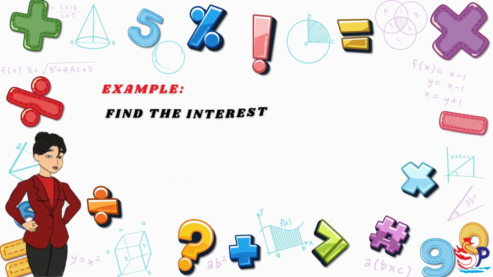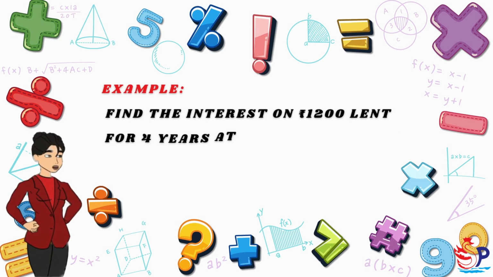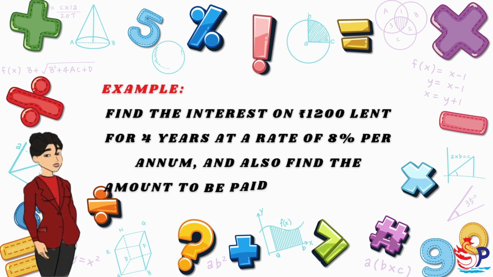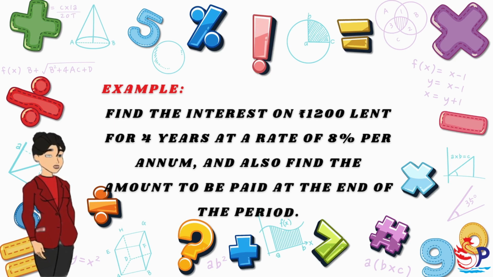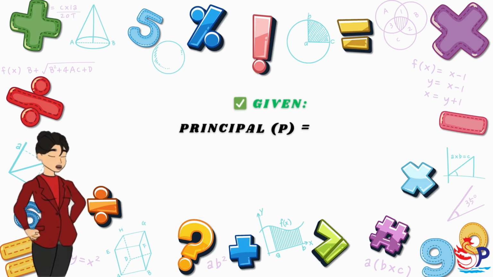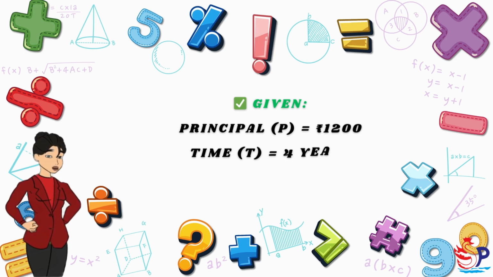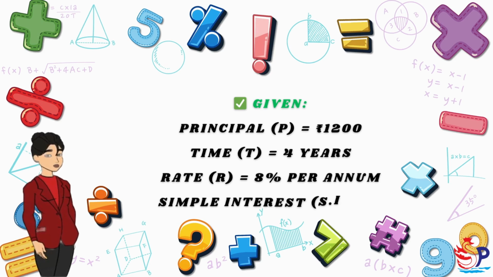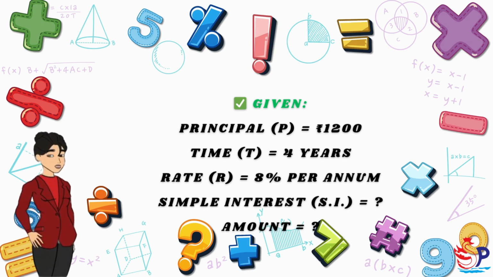Example: find the interest on 1,200 rupees lent for 4 years at a rate of 8% per annum, and also find the amount to be paid at the end of the period. Given: principal, P, is equal to 1,200 rupees. Time, T, is equal to 4 years. Rate, R, is equal to 8% per annum.